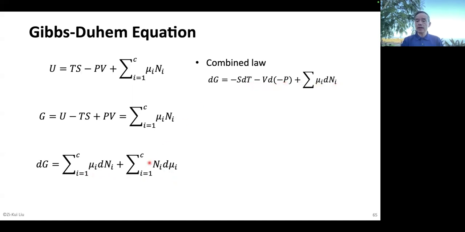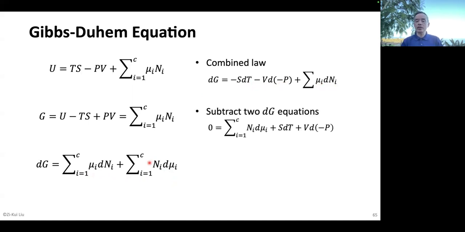These two dG must be the same. So we subtract these two dG equations. On the left side, dG minus dG equals 0. You have the N_i d mu_i left, and then with the signs changed from negative to positive, S dT minus V dP plus the summation N_i d mu_i equals 0.